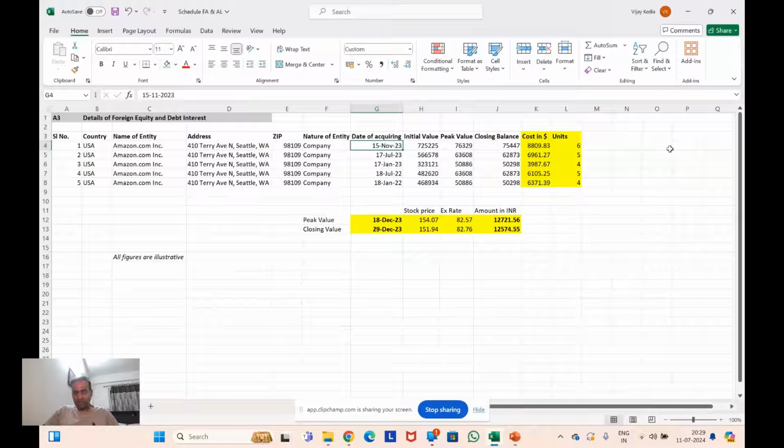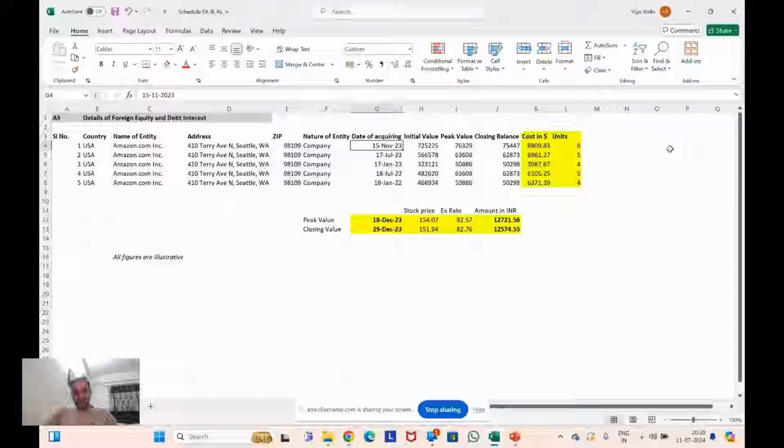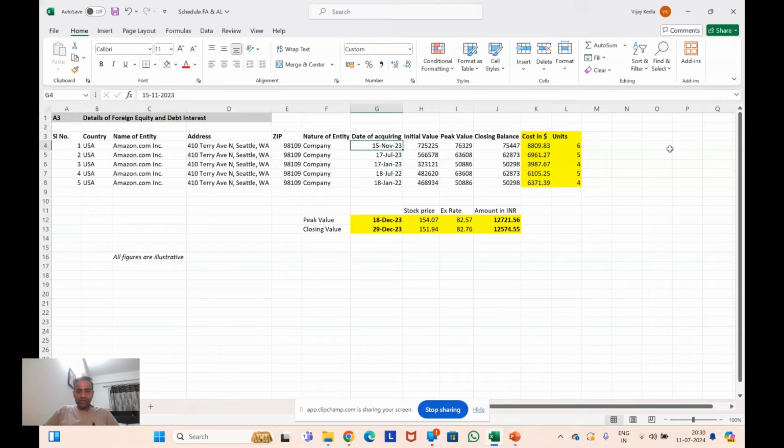So please note, here you don't need to follow the financial year, which is till 31st March 2024, because that is applicable for Indian assets. But here you are declaring your foreign assets and you need to follow the foreign country's calendar.